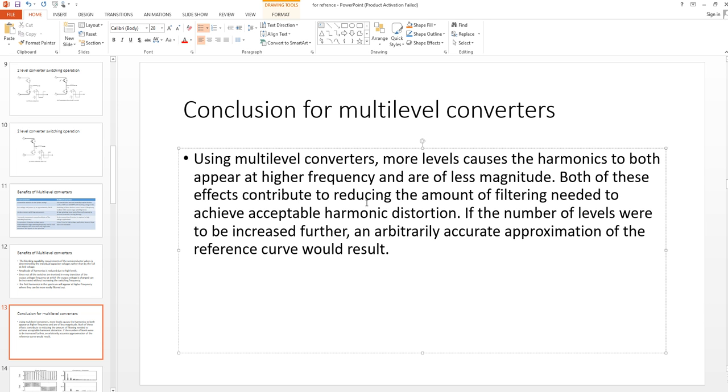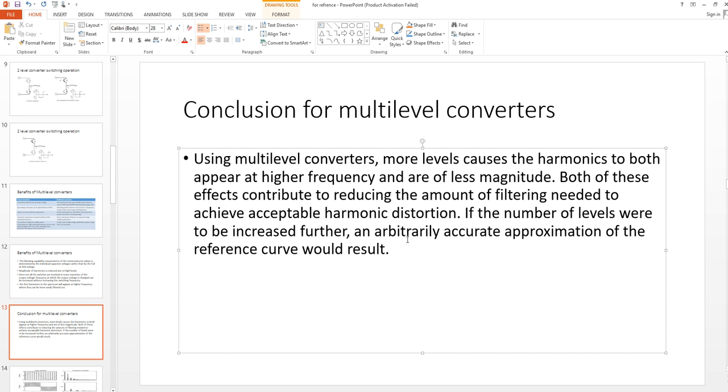Both of these effects contribute to reducing the amount of filtering needed to achieve acceptable harmonic distortion. If the magnitude of the harmonics is less and they are at higher frequency, we need a much smaller filter to filter out the harmonic distortion.